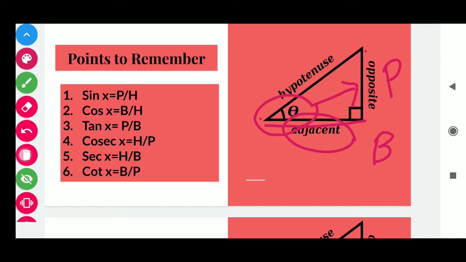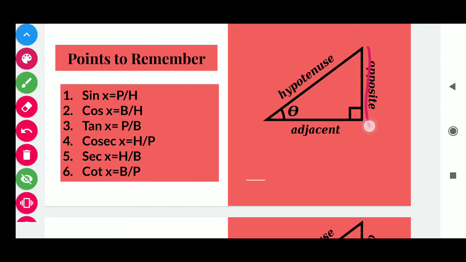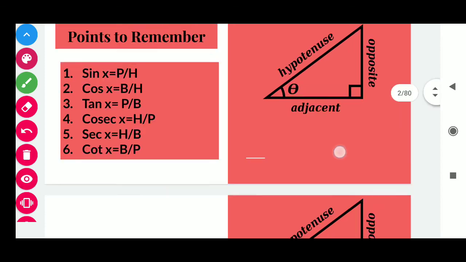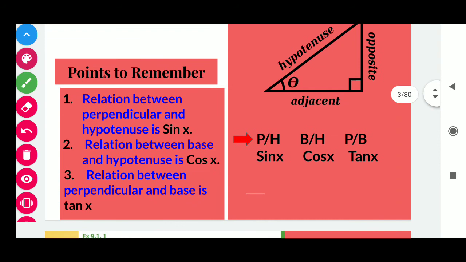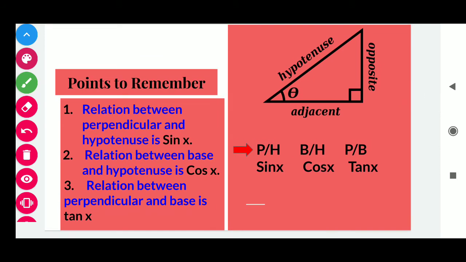So students, here you can see in the diagram, the straight vertical line is the perpendicular, and that is opposite to the angle theta, and the adjacent is the base, and here the slanting line is the hypotenuse. Now students, here I'm sharing some points to remember, that's really important.